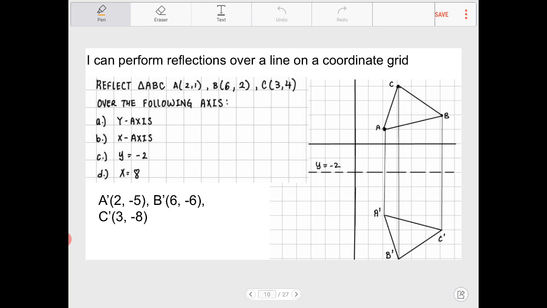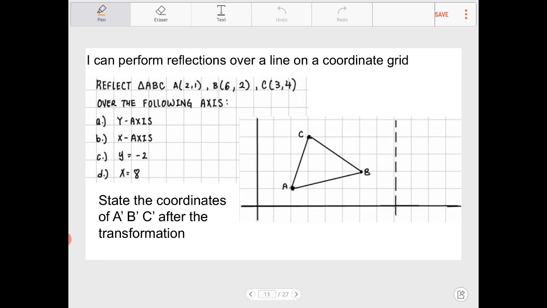And then lastly here, we're going to try and reflect this over the axis x equals 8. And how do we graph the line x equals 8, you may ask? Well, x equals 8 is a vertical line. So therefore, in order for us to accomplish this, we're going to draw a vertical line, okay? Actually, not 8 units away.